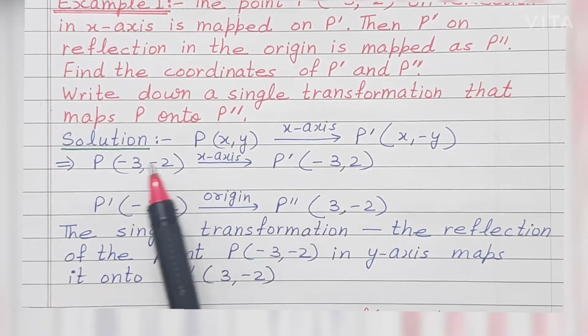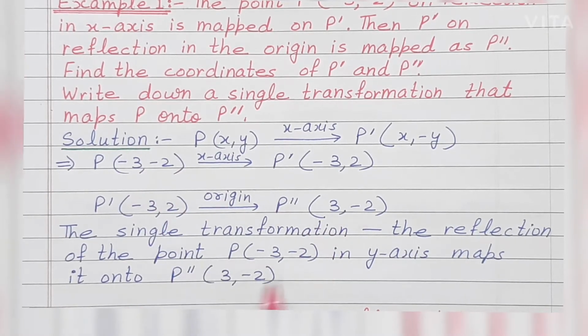So when the sign of x changes, that means the reflection is under y-axis. So the single transformation is the reflection of the point P in the y-axis, that maps into P double dash (3, -2). I hope it is clear. This means when you are reflecting P directly into P double dash, then you have to reflect under y-axis.